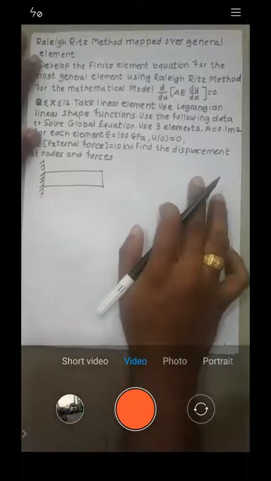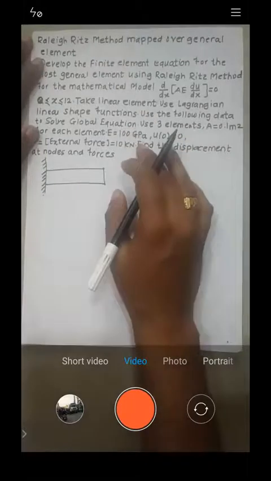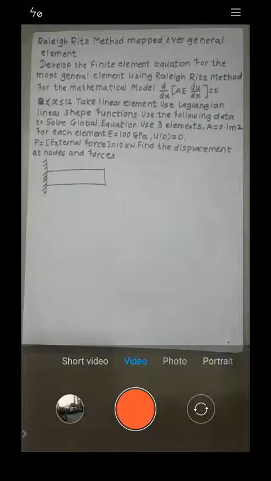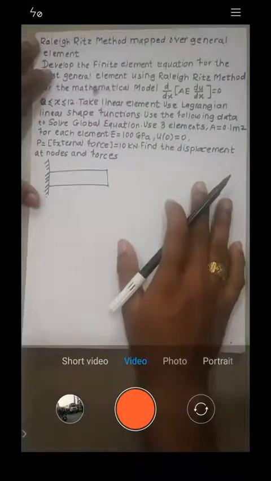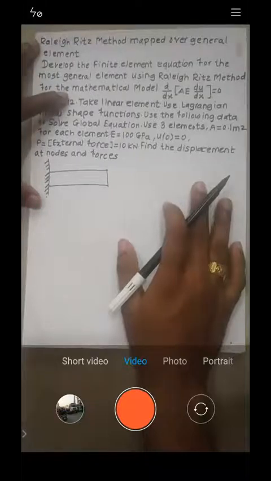Now we need to start deriving the element matrix equation, and we will get it from this governing differential equation. There is one concept of global coordinate system and local coordinate system.